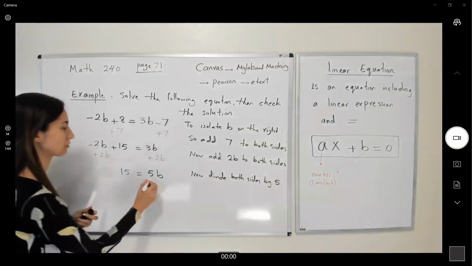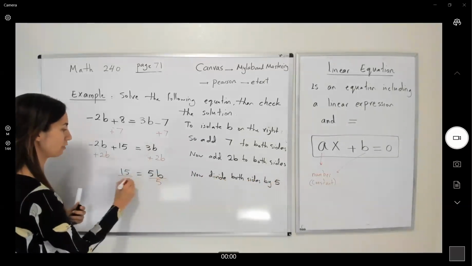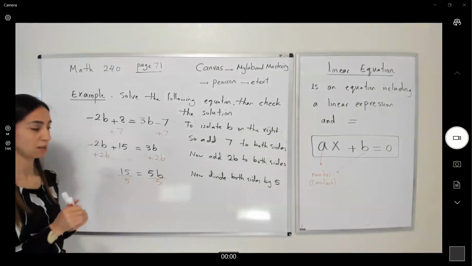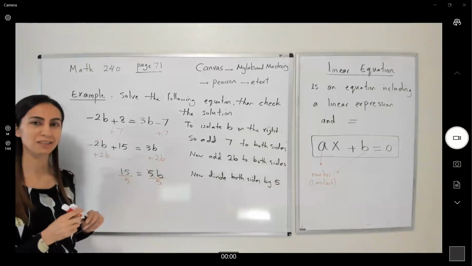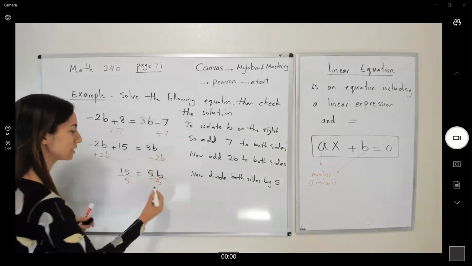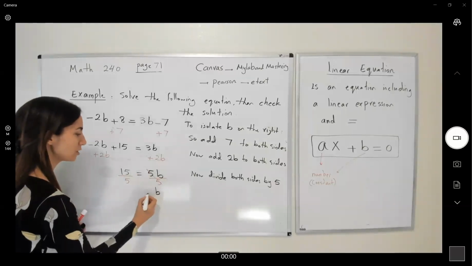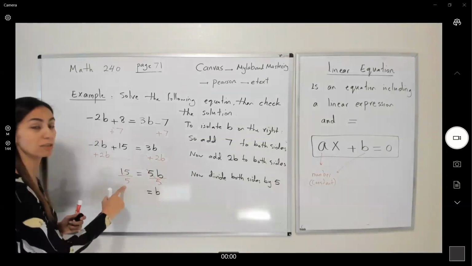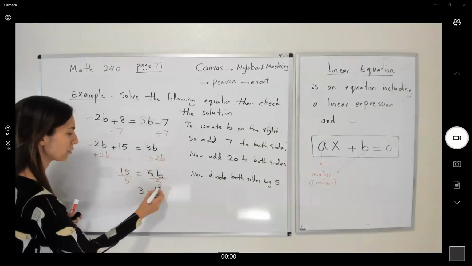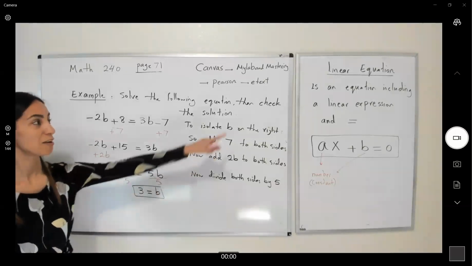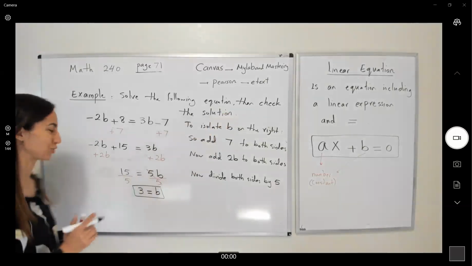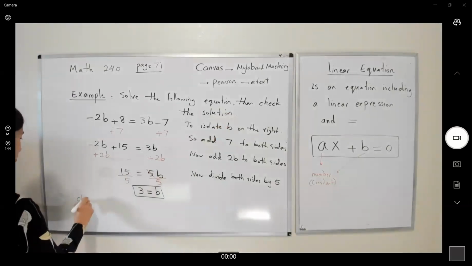Okay, dividing by 5, dividing by 5. 5 divided by 5 is 1. 1 times b is b. So it seems like my solution is 15 divided by 5, which is 3. To make sure it's a correct solution, we have to check the solution.